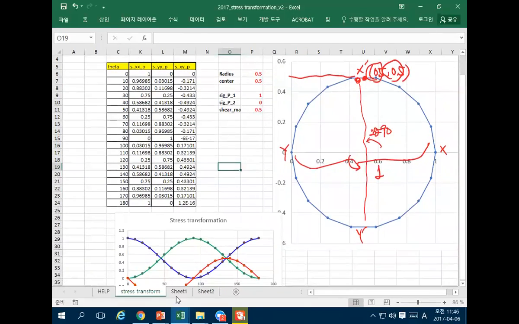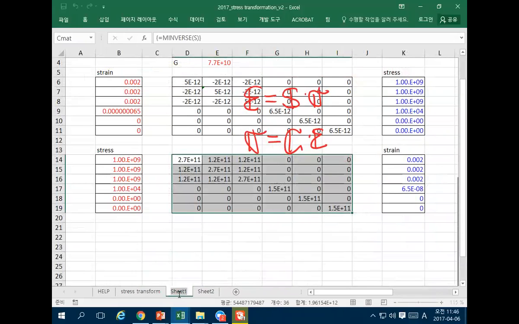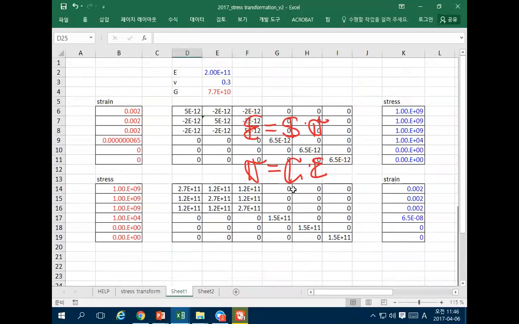Okay, so anyhow, what I want to demonstrate here is that we simply make this table and then try to give some numbers and calculate.